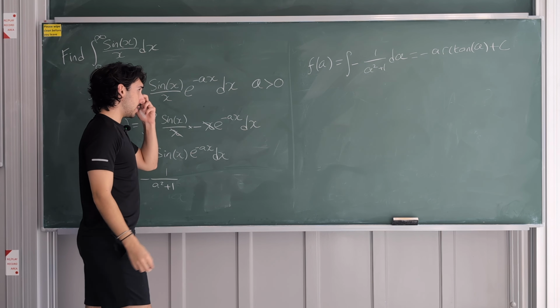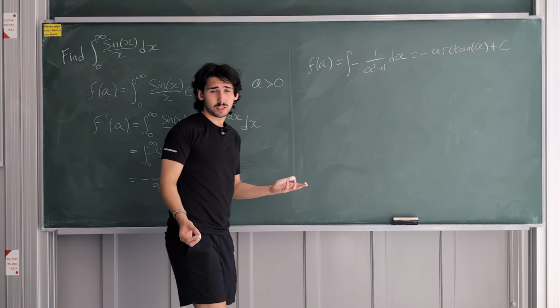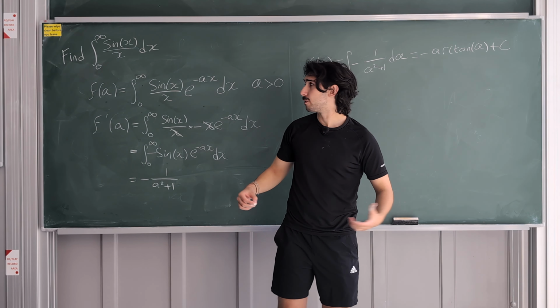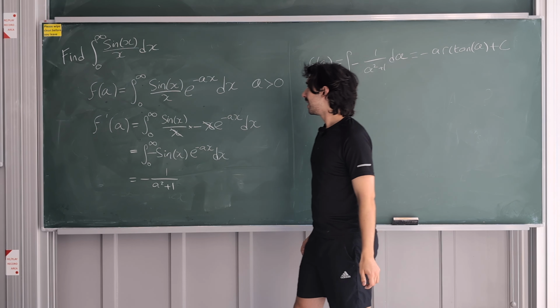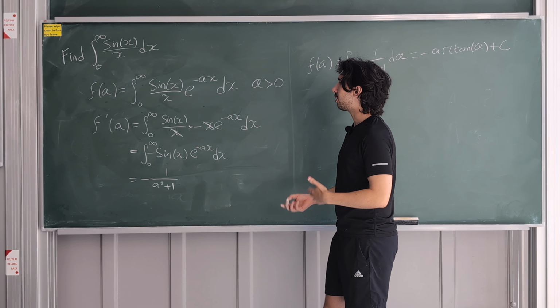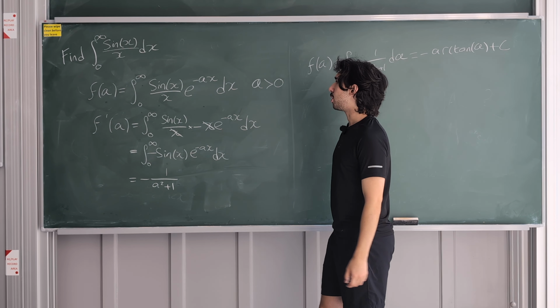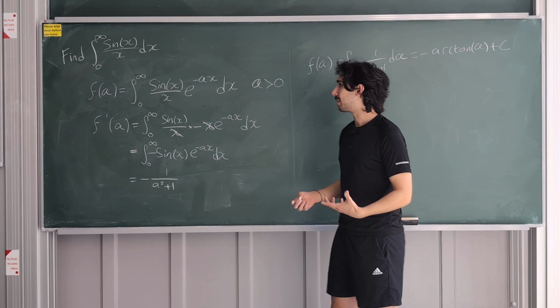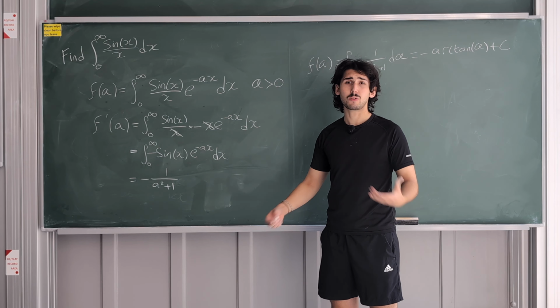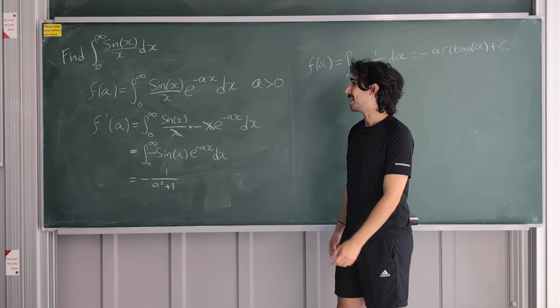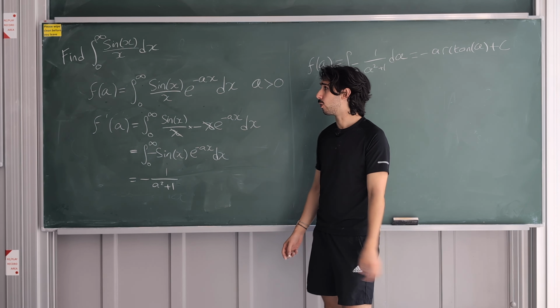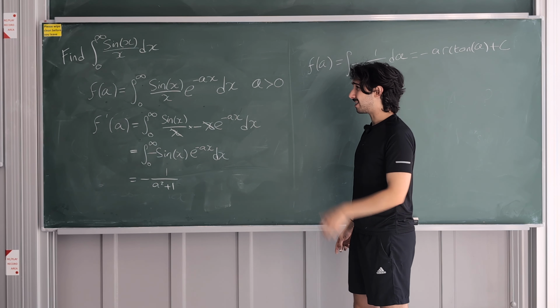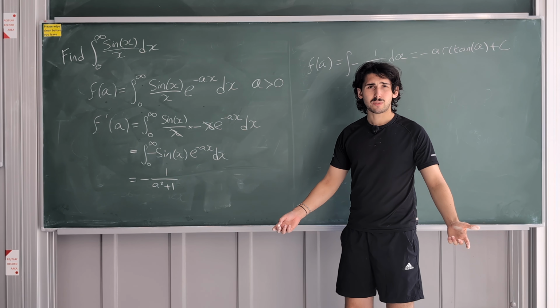Cool. Now, in order to know what c is, just as in the previous videos, we need to know a bit of information about the original function. There's no benefit in plugging in any finite values, because we don't know what this integral is when a is, for example, 0. That's what we're looking for. Even when a is 1, 2, or 3, we don't know any of these values.